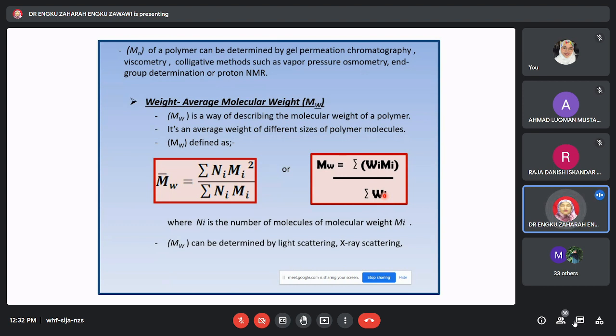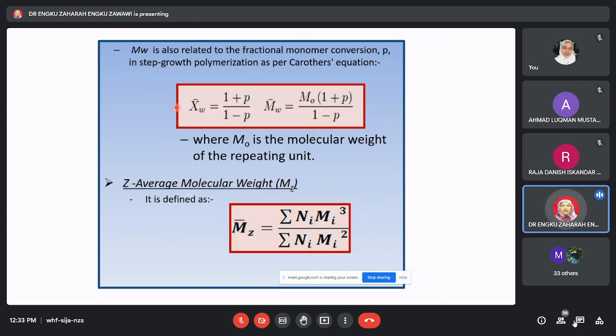So where Ni is the number of molecules of the molecular weight Mi. So MW can be determined, dia boleh guna light scattering ataupun X-ray scattering to measure the MW. So MW also related to the fractional monomer conversion, iaitu integral polymerization, okay, where M0 is the molecular weight of the repeating unit.